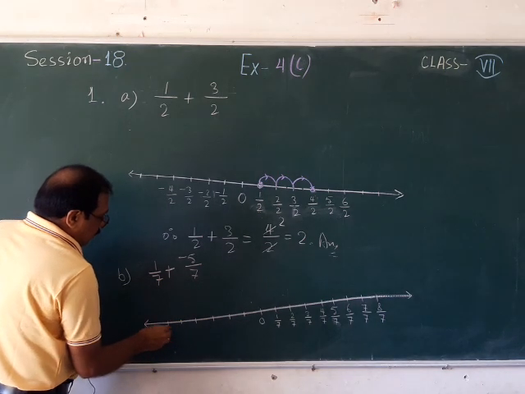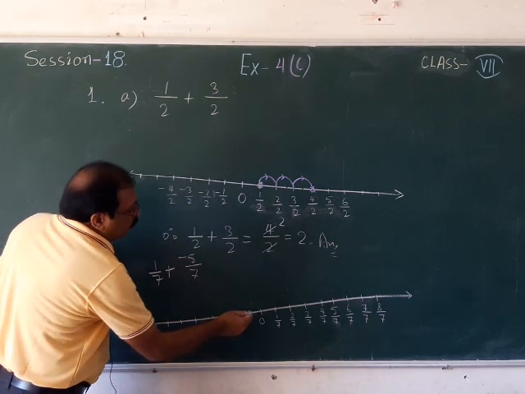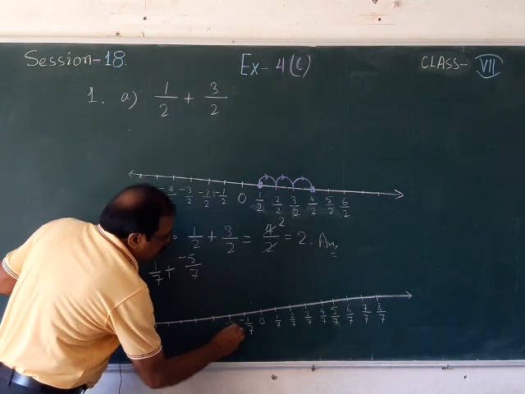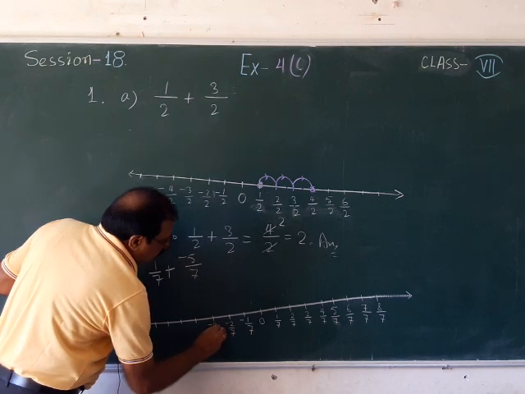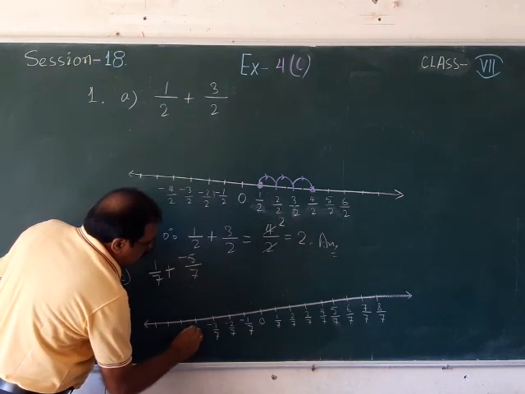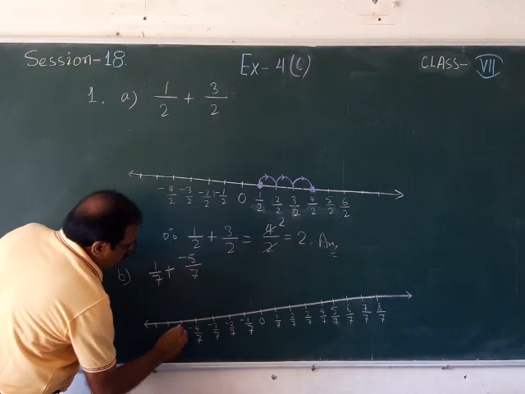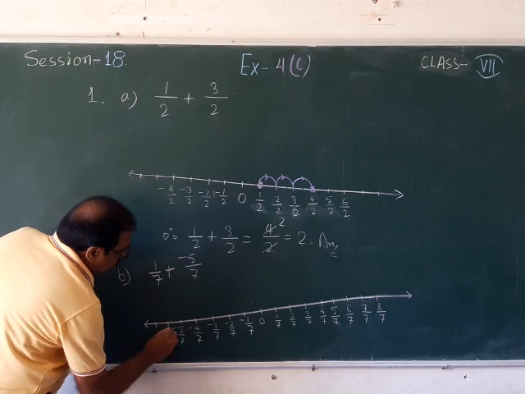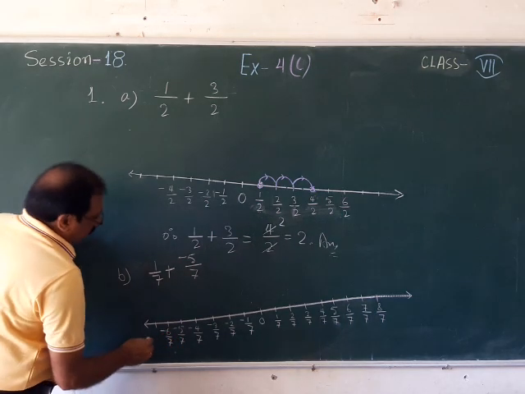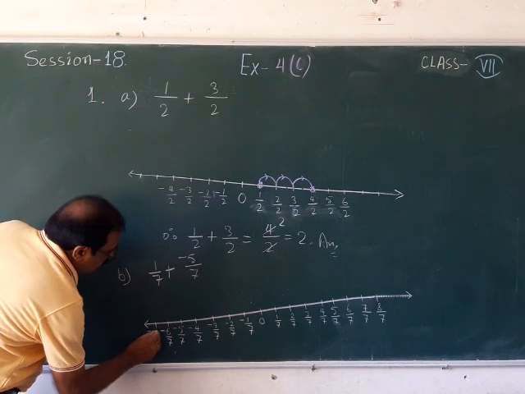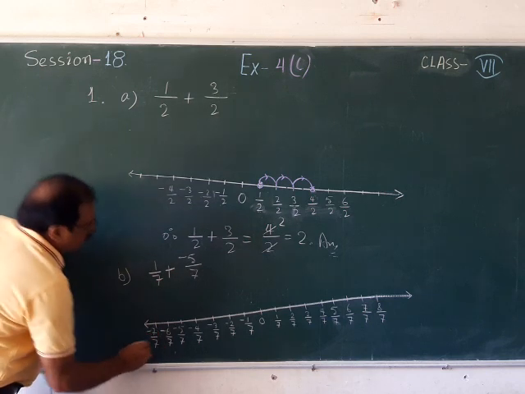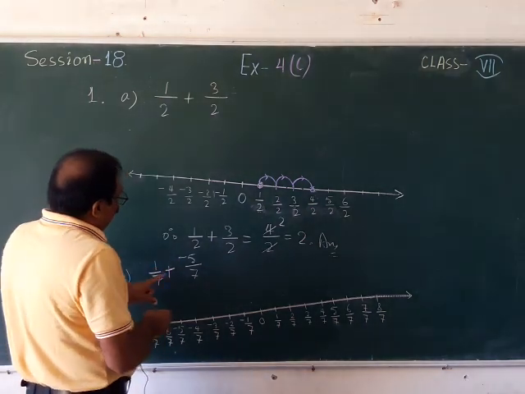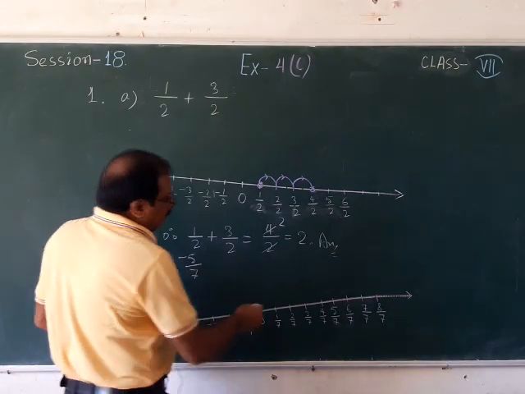Now here you have minus 1 by 7, here minus 2 by 7, here minus 3 by 7, here minus 4 by 7, here minus 5 by 7, here minus 6 by 7, and here minus 7 by 7.